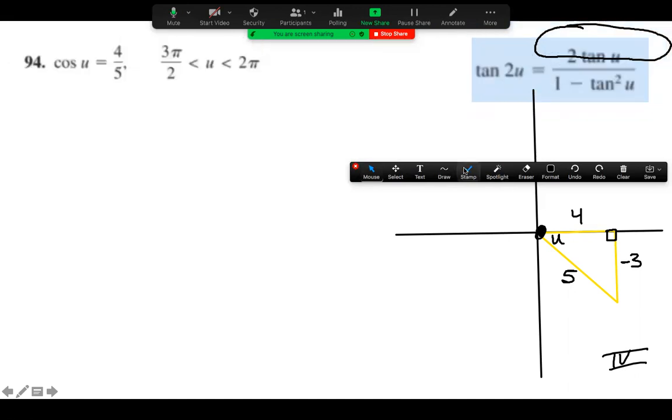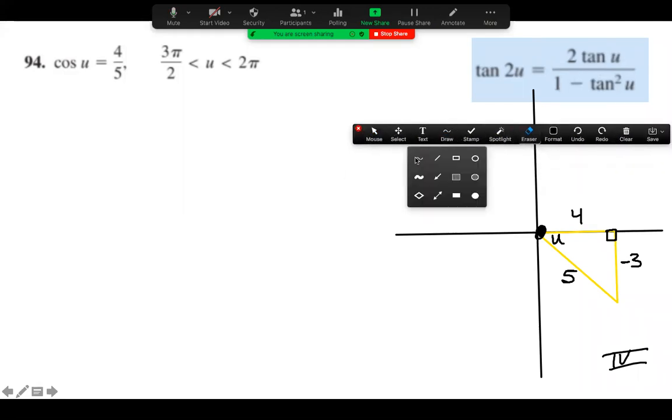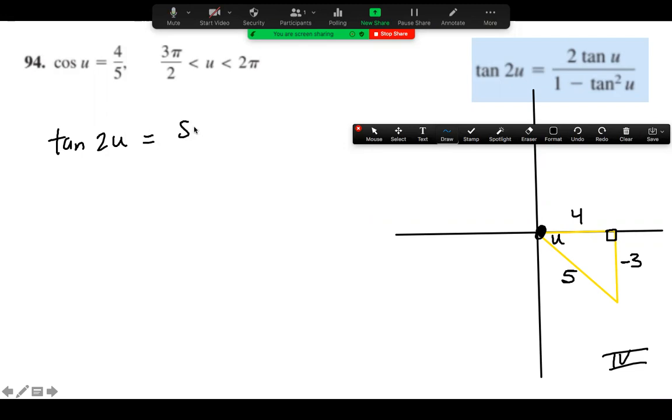We could use this formula here, which looks a little bit daunting, or we can think that tangent of twice u, which is the angle, is equal to sine over cosine. But if this is 2u, those match likewise. Well, from the previous problem, we already know these values, okay?